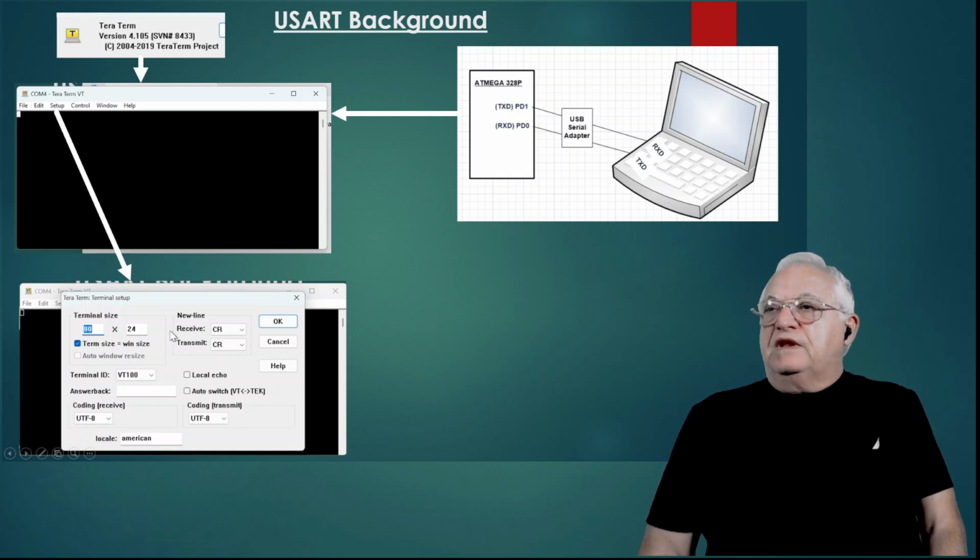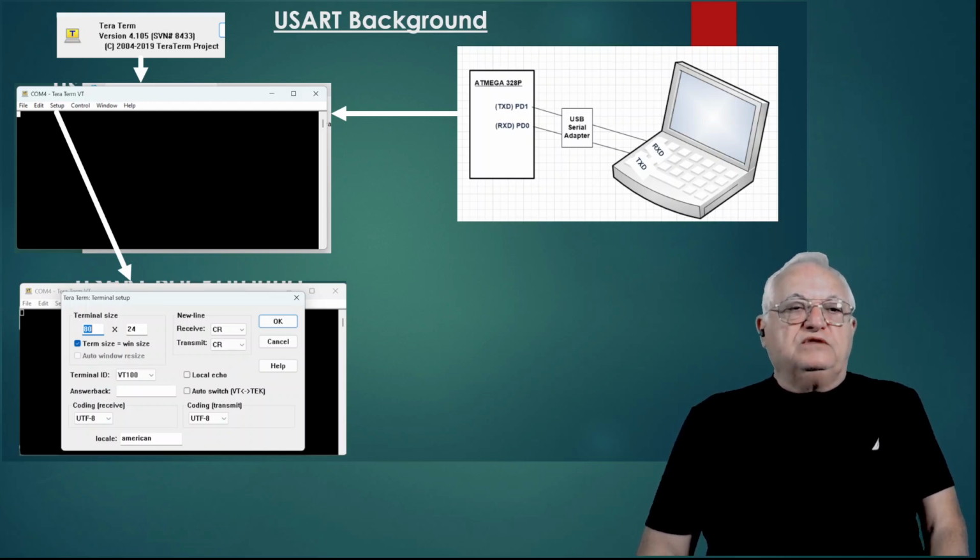One is the new line. So after a new line we could add a line feed or carriage return. In this case they've decided the carriage return for the receiving and for the transmitter.